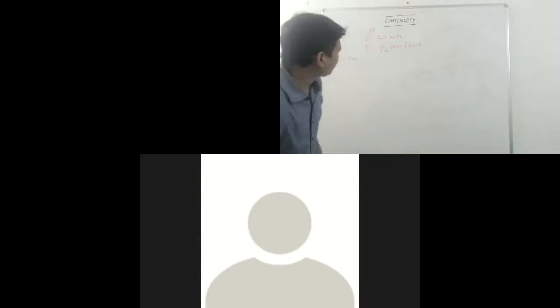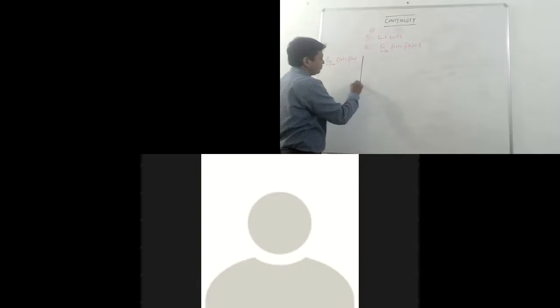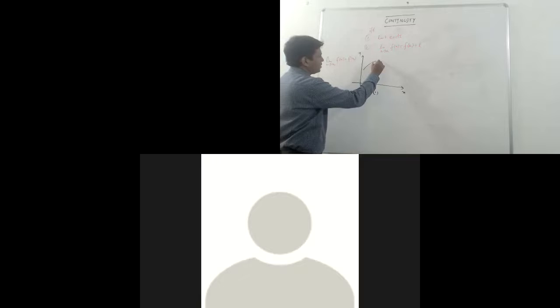Okay? So let me start with a few diagrams on that. Suppose, what are the types of discontinuity? This is number one. Suppose this is x, y, and suppose the graph is like this.